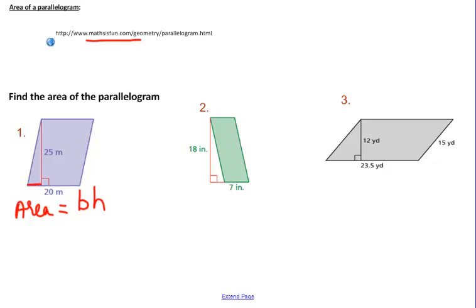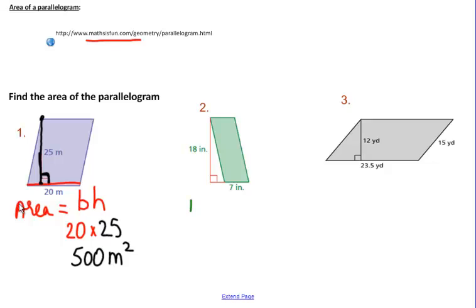The base in this case is 20 times the height given here, which is the line going from the vertex to the base or the opposite side, and it always has to make 90 degrees. Remember, that's your height. So in this case it is 25. Go ahead and do the math. 20 times 25 is 500. Do not forget the units. In this case it is meter squared.